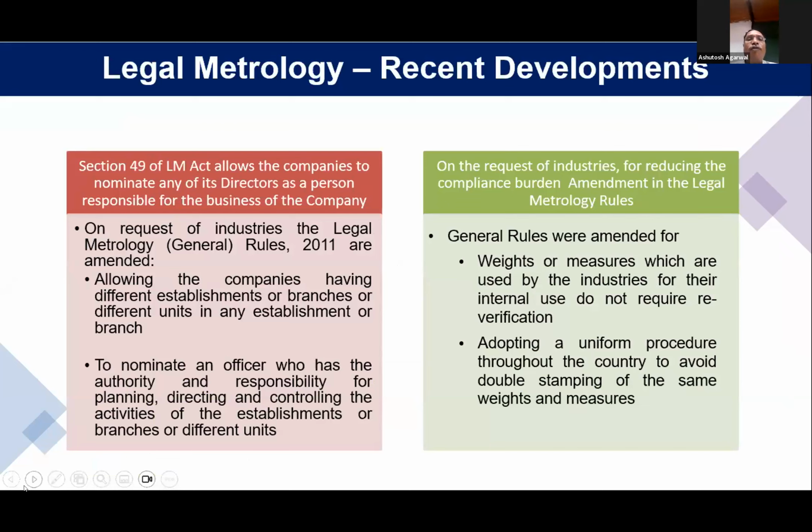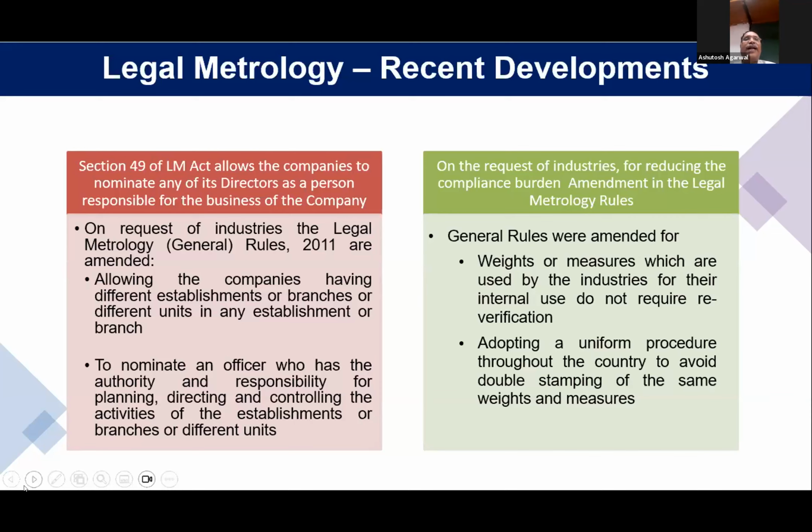If we talk about the general rules, we have made some provisions in the interest of consumers. Earlier, only the directors of the companies were allowed to be nominated to be responsible for violations under legal metrology. Now, for establishments and branches, other persons can also be nominated to be responsible under the Act.